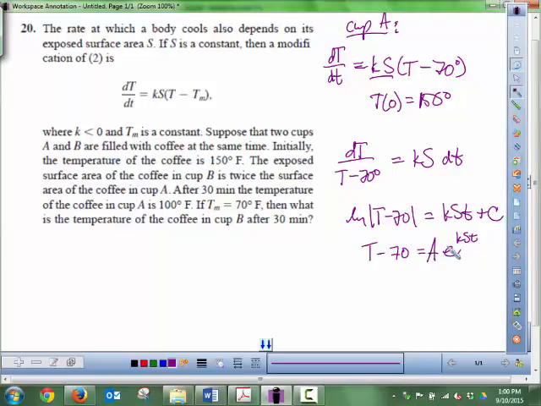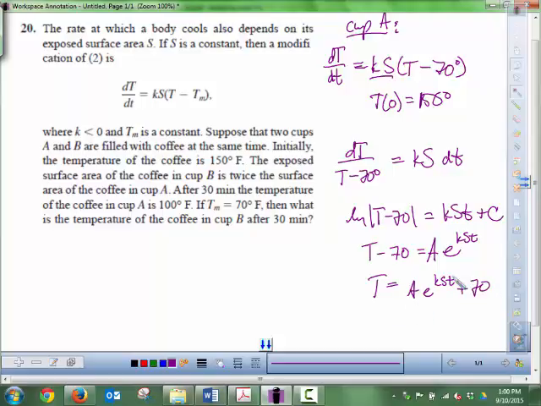That e to the c just became another constant that we'll call capital A. That usually turns out to be your initial condition. So if we solve for T, we get the function by itself explicitly: A e to the Kst plus 70.